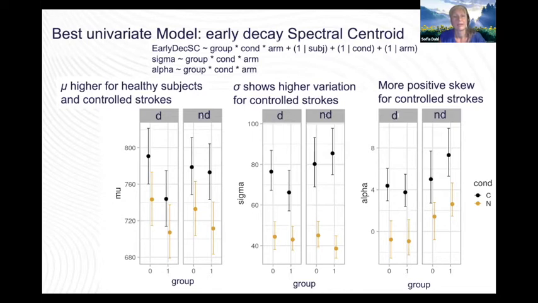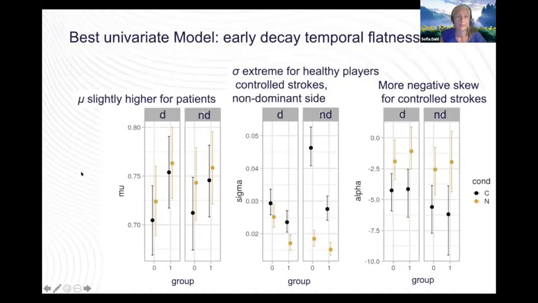So mu for spectral centroid in the early decay phase was generally higher for healthy subjects and the controlled strokes. And in terms of variation, we had higher variation for the controlled strokes. So this could indicate that this was a little bit more of an unfamiliar task for the players, regardless of being healthy or affected.